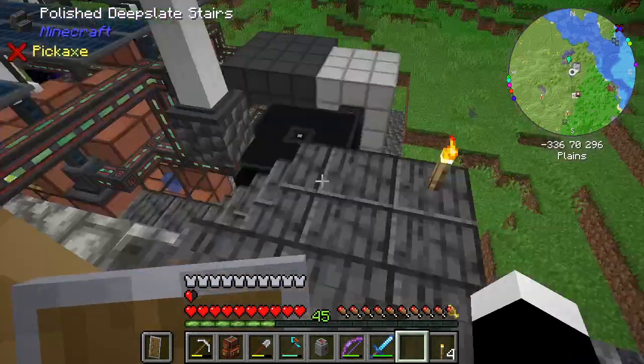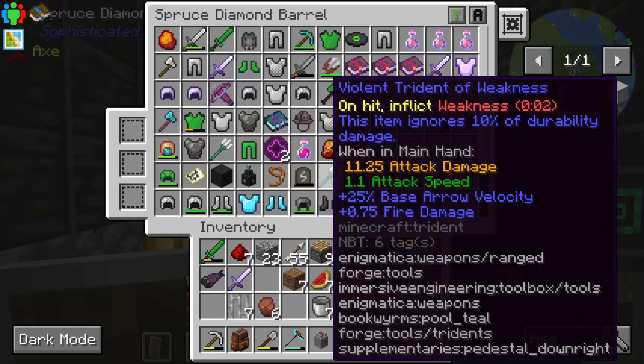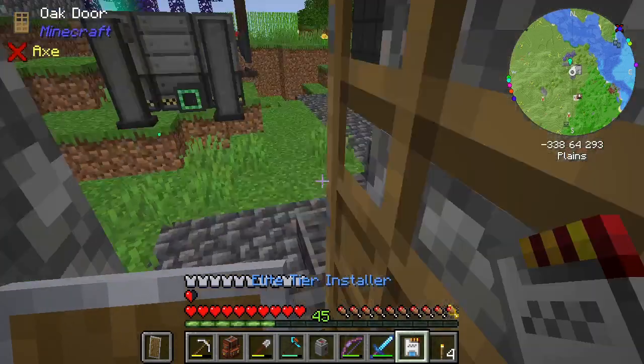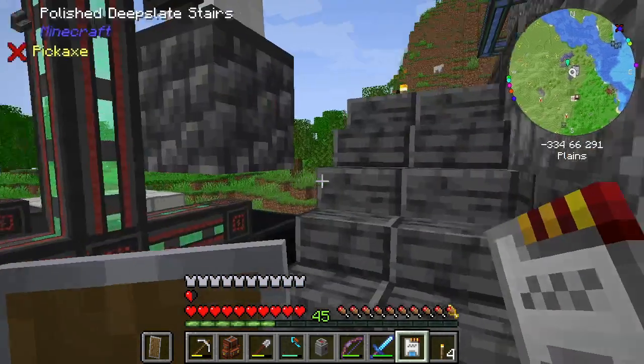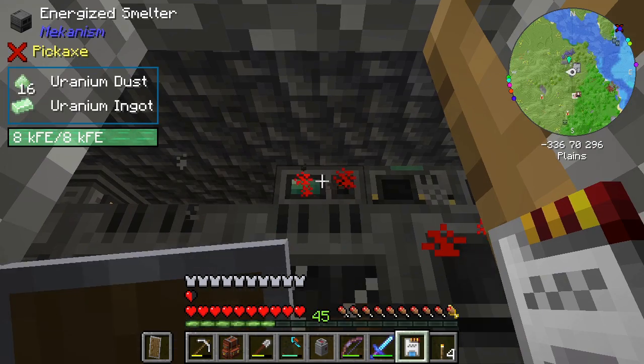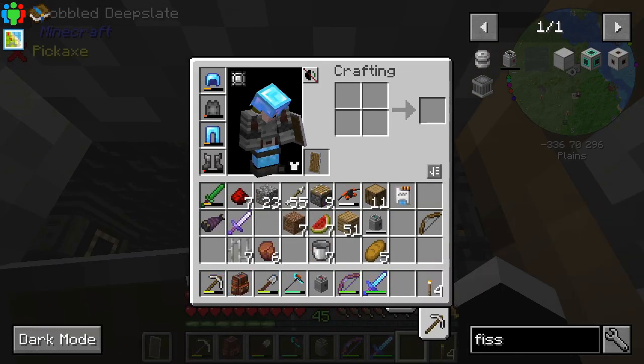There's something I've been meaning to try, come to think of it. The energized smelter is... I'm using it a lot more than I thought I would be. It doesn't look like you can skip a stage in this.